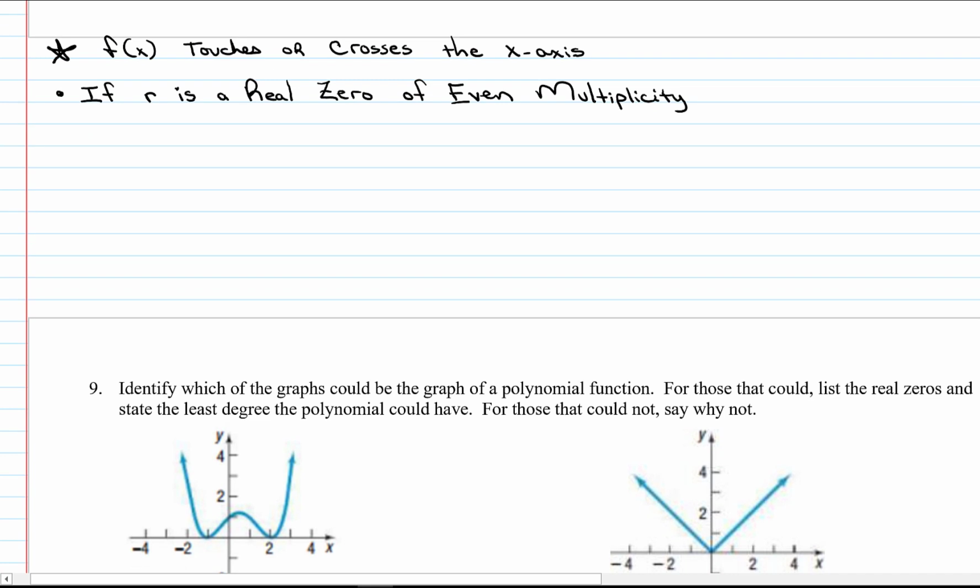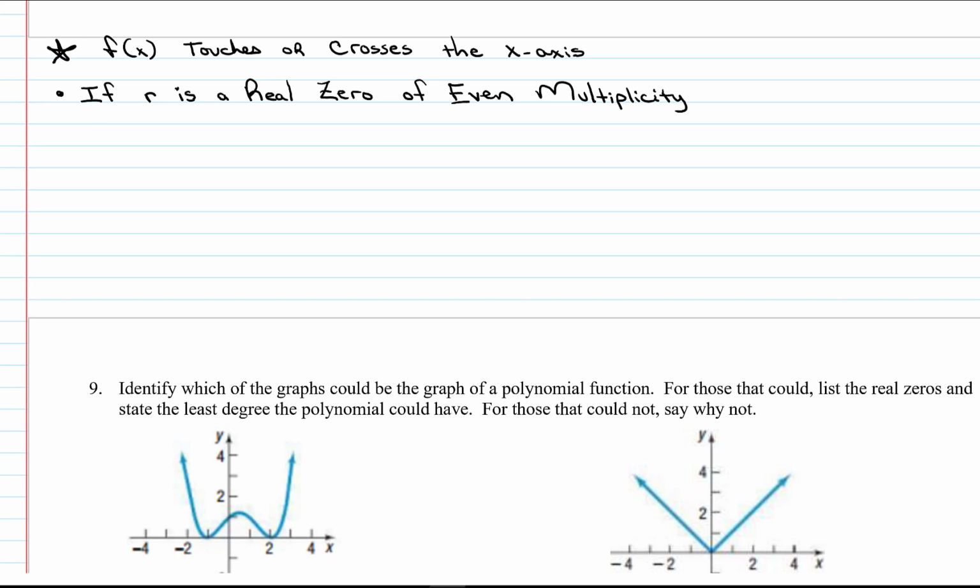Even power on that factor of that zero. Then that's going to mean that at that x-intercept, our function is going to touch the x-axis, like touch and bounce off, or be tangent at that point of the x-intercept. So that's what it means when you have an even multiplicity on that zero.